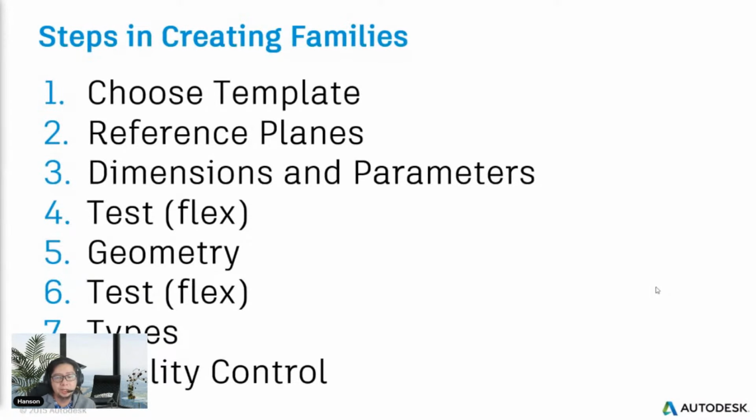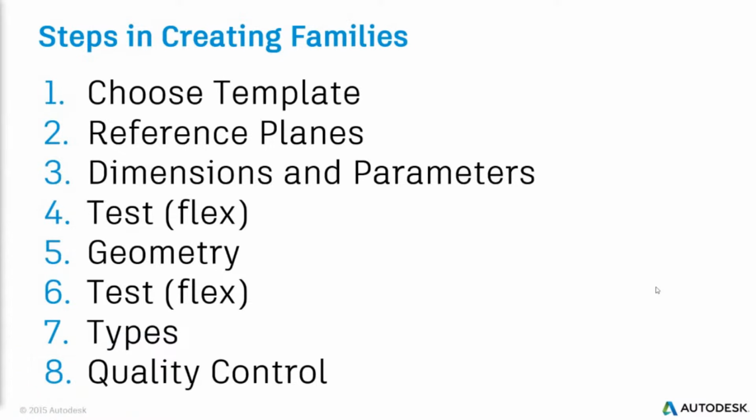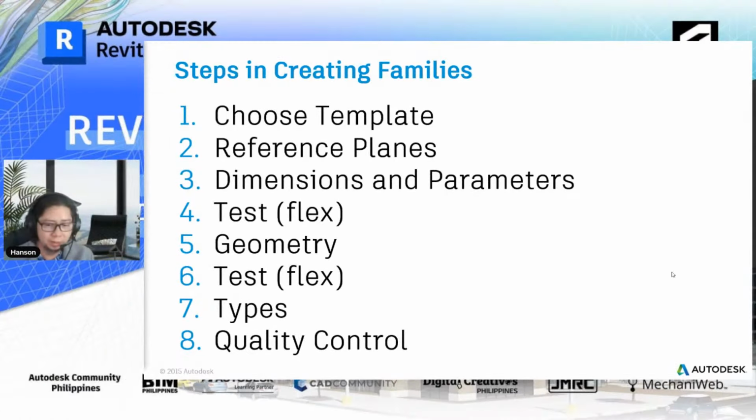Number four is geometry, test flex. This is where we have a first test of what we are doing. Number five is geometry. Number six is another test run. Seven is what type or how many types there are. And eight is quality control.